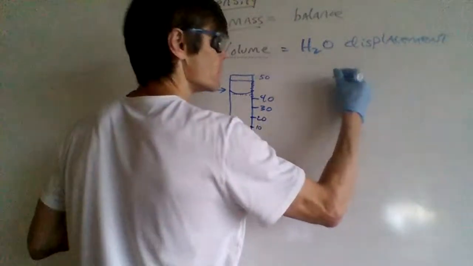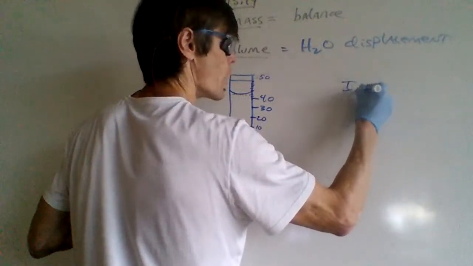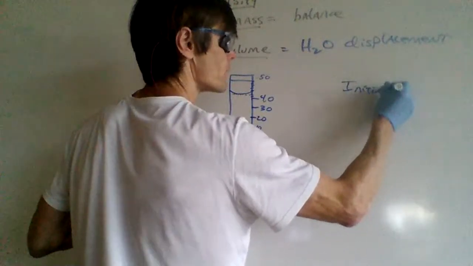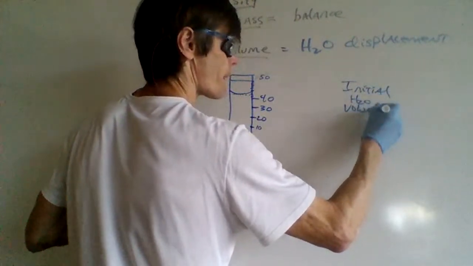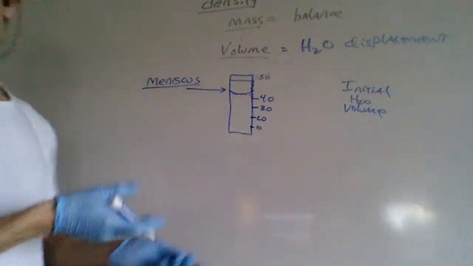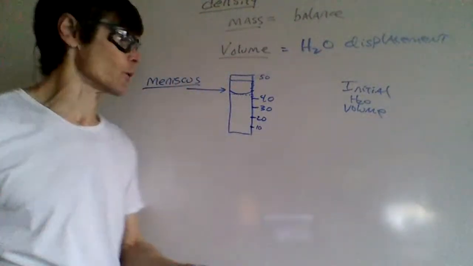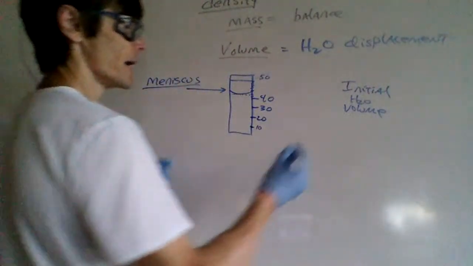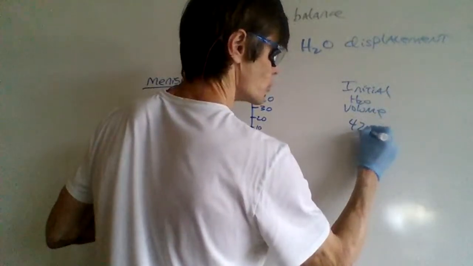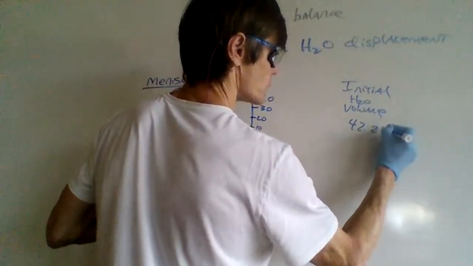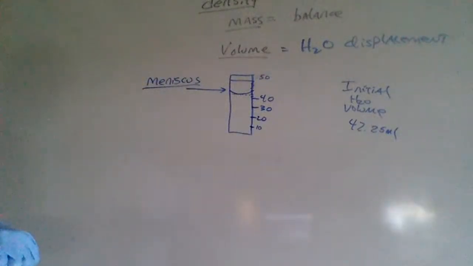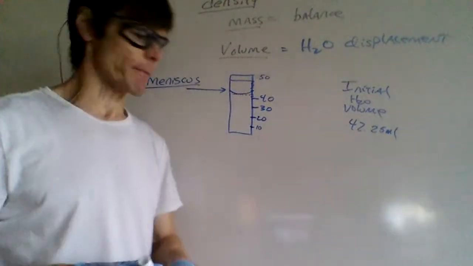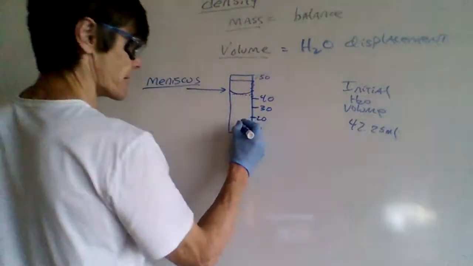We would measure our initial water volume. I'll make up a number for this example. What if I read that and I got 42.25 milliliters? Okay. And then I added my sample, an unknown sample.